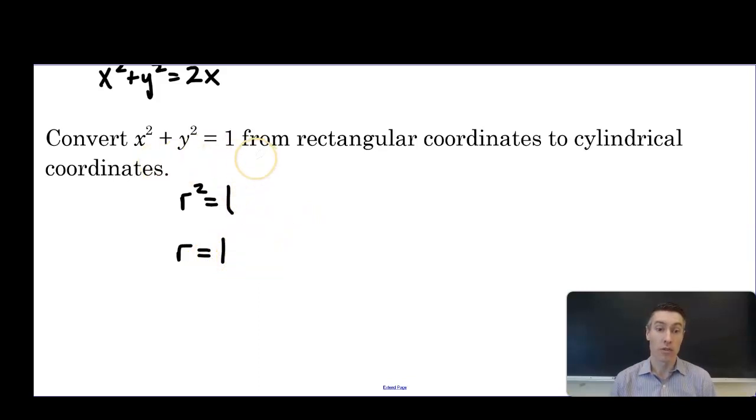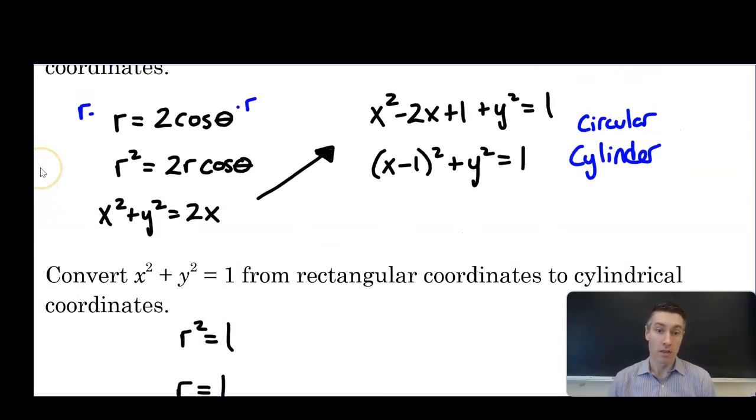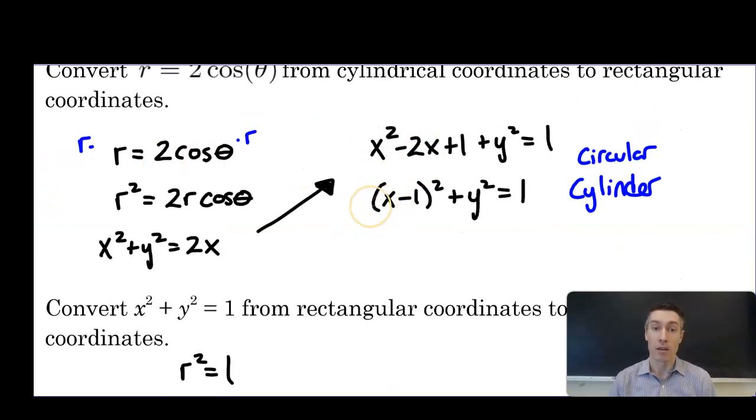So this surface, which is a circular cylinder, converts really nicely in cylindrical coordinates. And even the cylinder we got up here also converted pretty nicely. Right? So we can start to see surfaces that work nicely in the cylindrical coordinate system. And it should kind of make sense that those are cylinders.